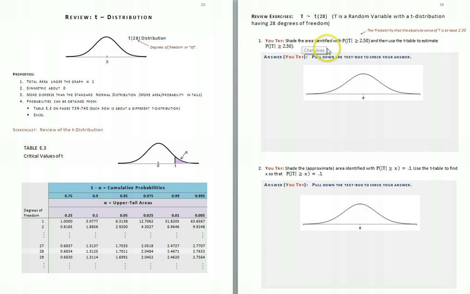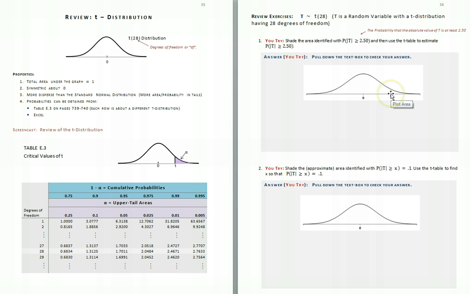Shade the area identified with the probability of the absolute value of t being greater than or equal to 2.50. Of course, absolute value means that t could be more negative than minus 2.50. So to begin with, we'll shade the area in question.